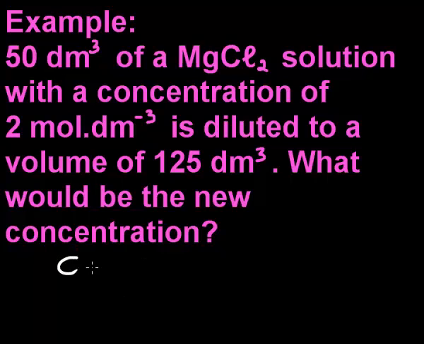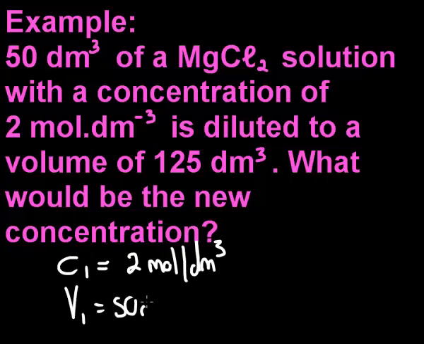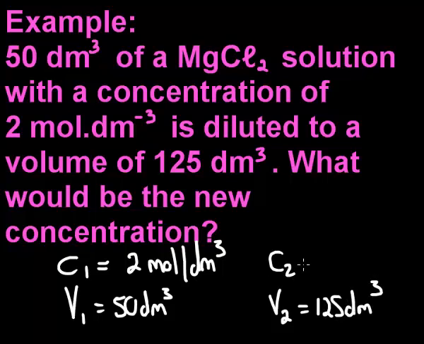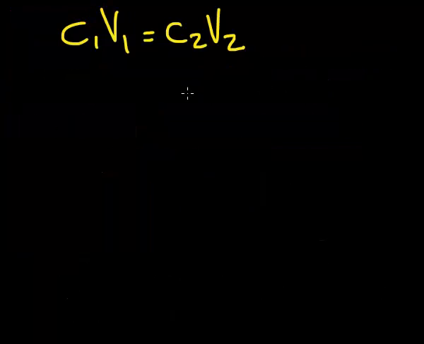We've got our initial concentration to be 2 mole per cubic decimeter. We also know that our initial volume which was used was 50 cubic decimeters. Then we diluted it up to a volume of 125 cubic decimeters and want to find what its new concentration would now be. So we'll be using our formula.